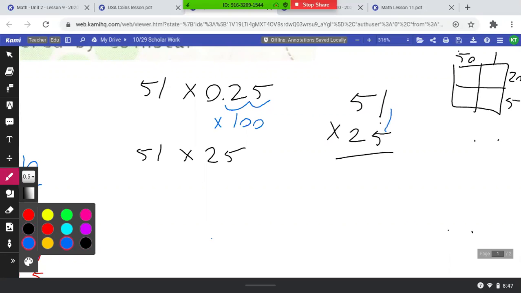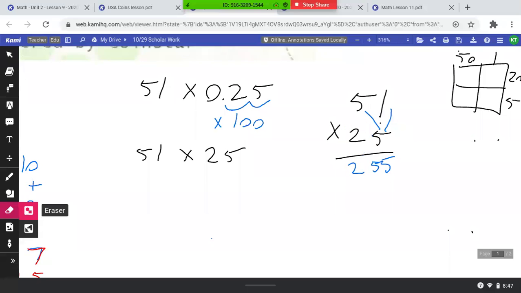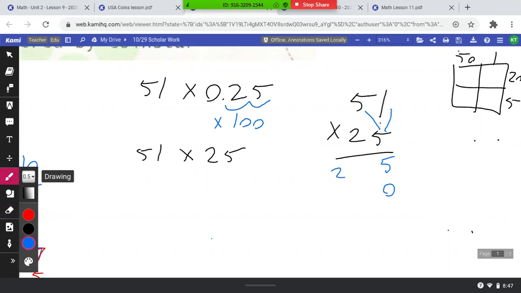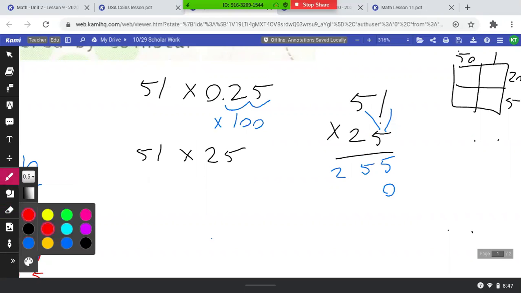5 times 1 equals 5. 5 times 5 equals 25. Now we're going to move on to the 2. Since we are in the tens place, we are going to put a 0 here as a placeholder. I'm going to move this 25 so that I do not confuse myself. There we go. So now we're doing 1 times 2, which equals 2.